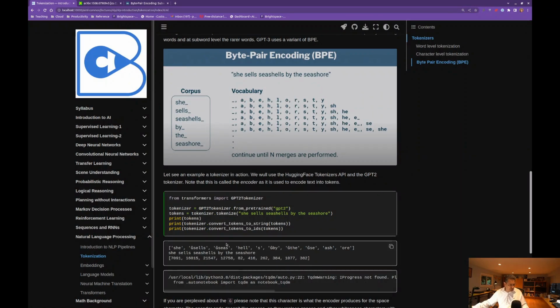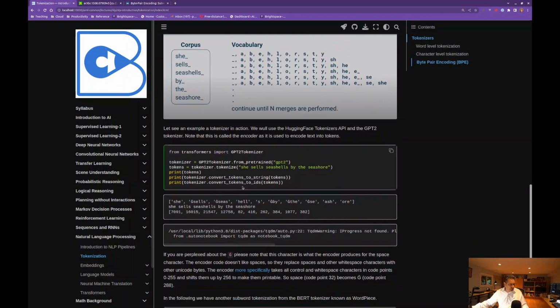But here's the API, and you probably noticed some weird character, this G symbol over here. This is effectively the character that represents the space symbol, and the explanation is here for you to understand how this G symbol came to be. And that's basically it with respect to byte pair encoding.